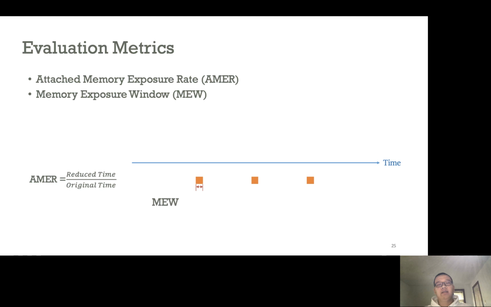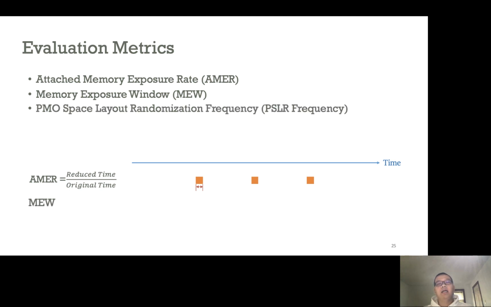And the third one is the PMO space layout randomization frequency. We will present how many times a PSLR is performed. In the example, there are 3 randomizations during the whole execution.